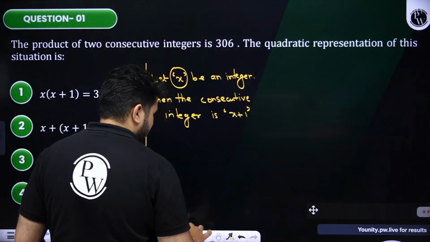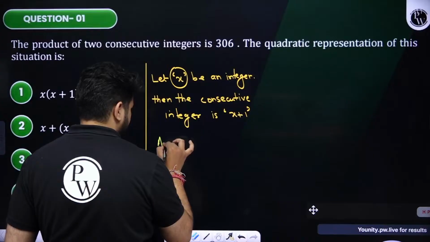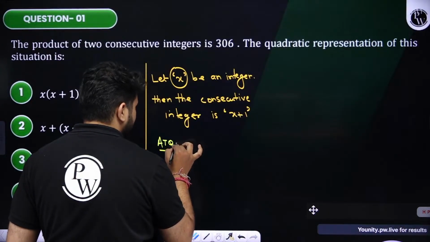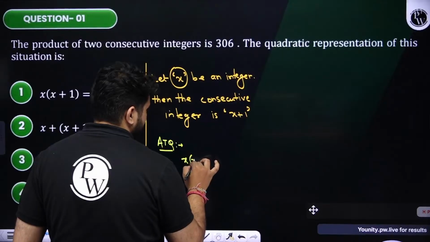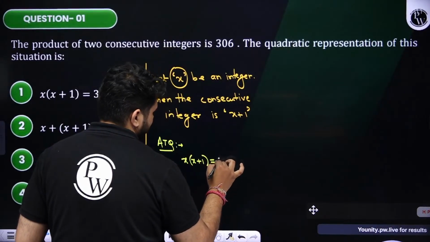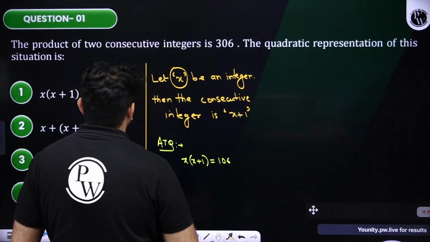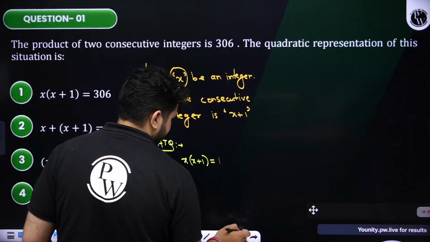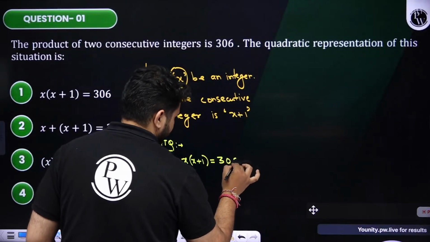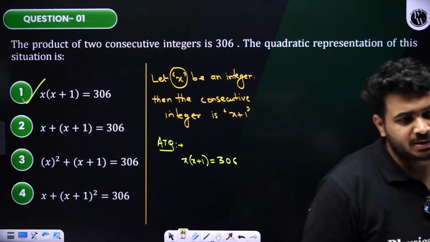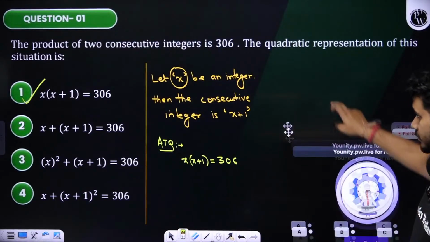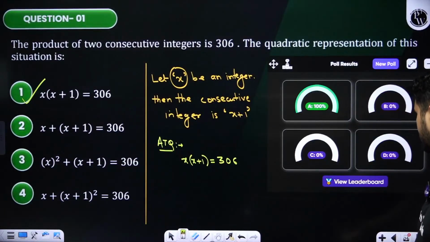Now according to the question, the product, that is x into x plus 1, is equal to how much, students? 306. So option A is correct. Simple, isn't it? Similar MCQ questions will come for you. So option A is correct.